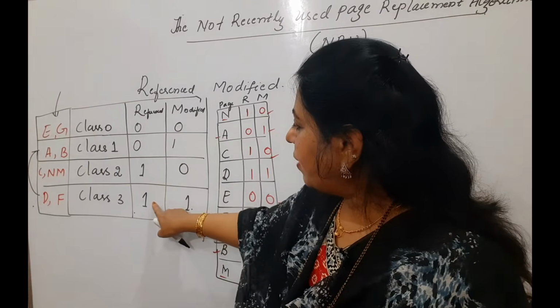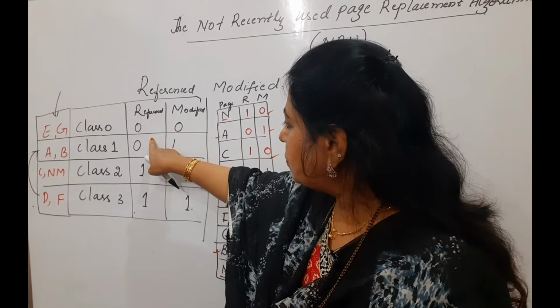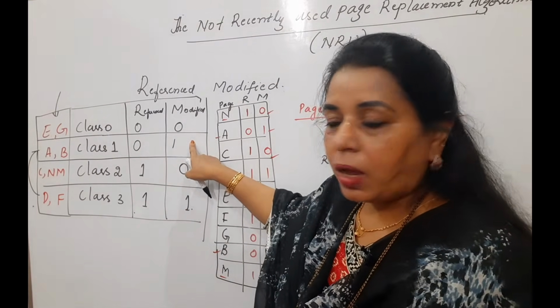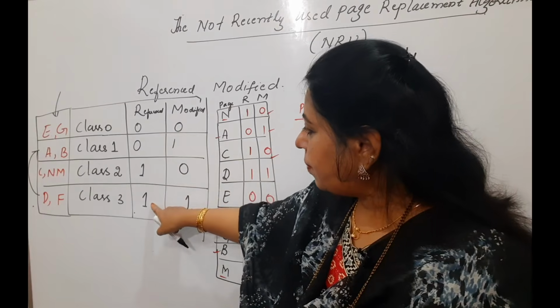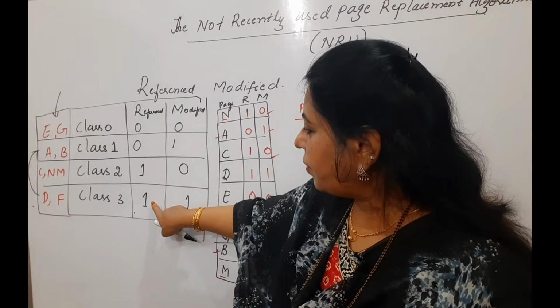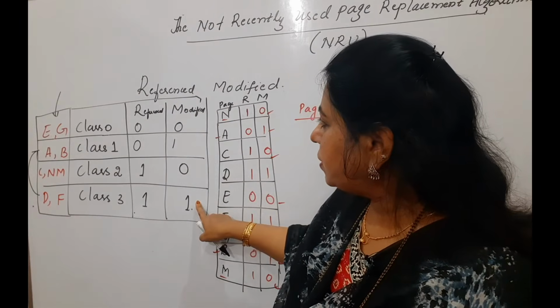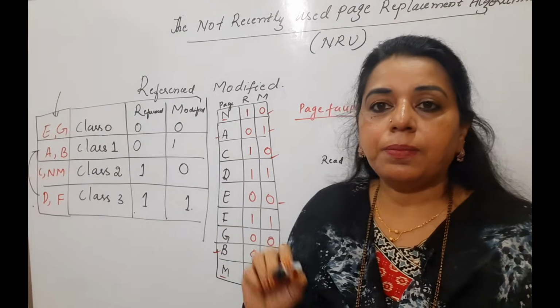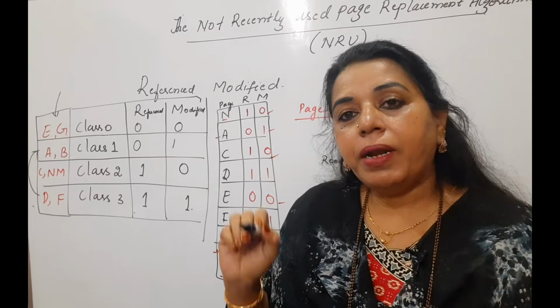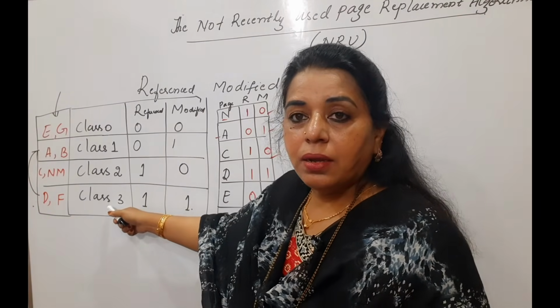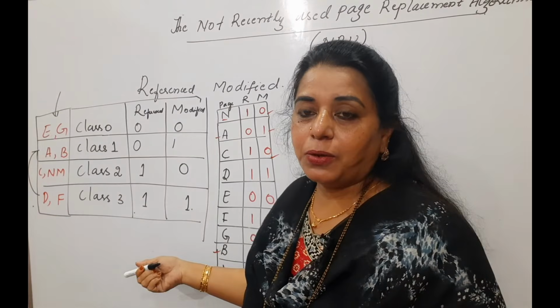In class 3 the reference bit is 1. The interrupt can change the reference bit from 1 to 0, whereas it does not change the modified bit. The modified bit will remain as it is. So that is why class 1 is the result of class 3 pages only.